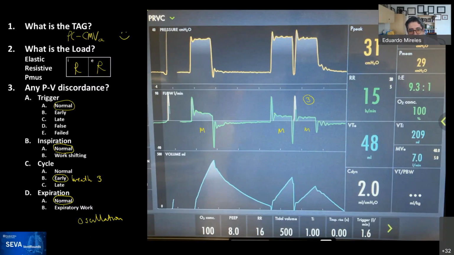It goes all the way down and then up and then down and up. So those oscillations are the machine trying to keep the pressure at the goal that it set, the set inspiratory pressure.